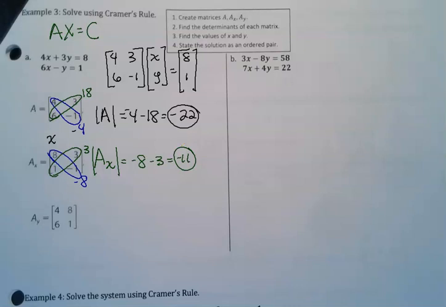And our last one, A sub y, we've replaced our y values with the constants 8 and 1. So we're going to have 4 times 1 is 4, and 6 times 8 is 48. So the determinant of A sub y is 4 minus 48, which is -44.